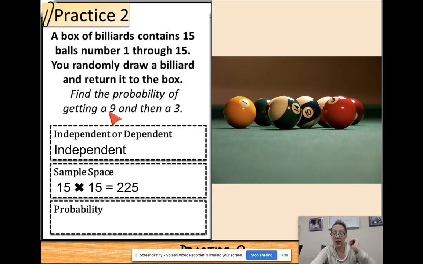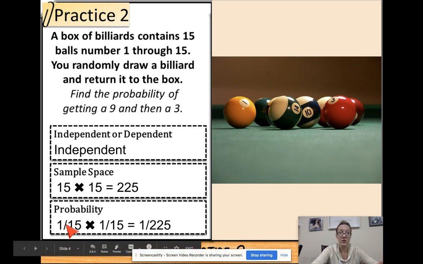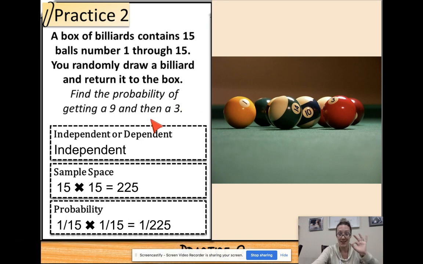What about the 3? There is 1 3 in there out of 15 total numbered balls. So 1 out of 15 times 1 out of 15 gives us 1 over 225. So it's a very small probability of getting that exact combination of a 9 and then a 3.